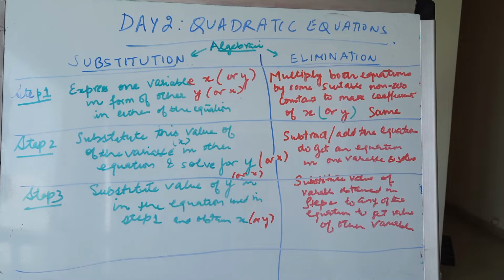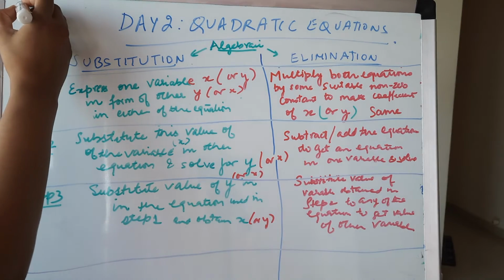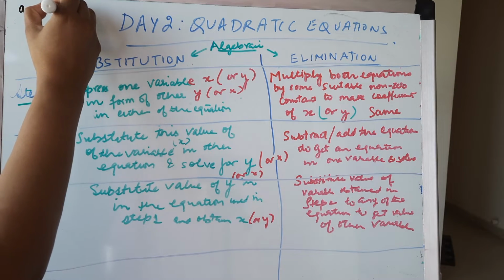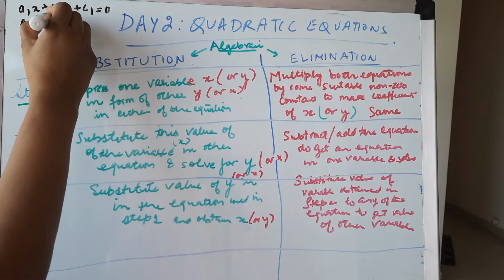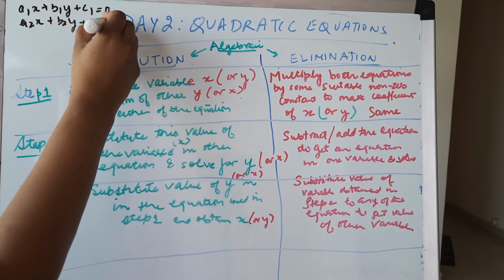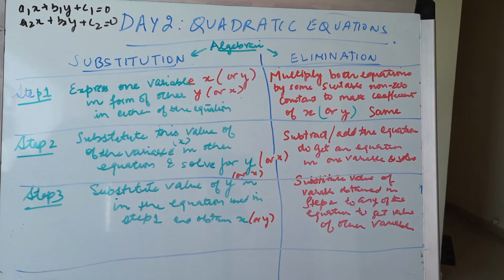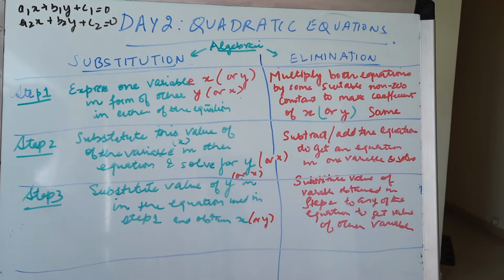So just coming back to the examples of the quadratic equation. This is how it is expressed, right? So these are the quadratic equations. Now, first coming to the substitution method.